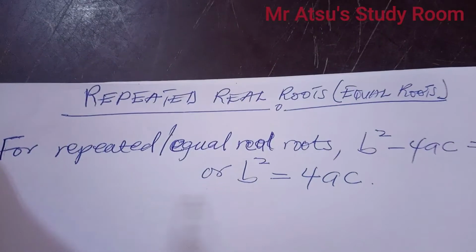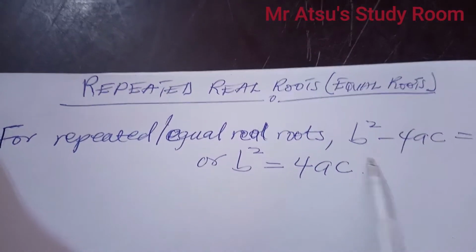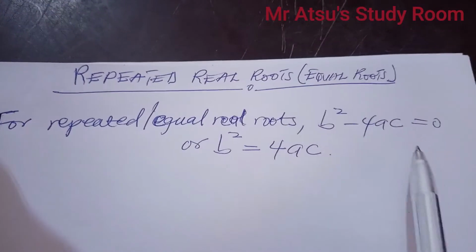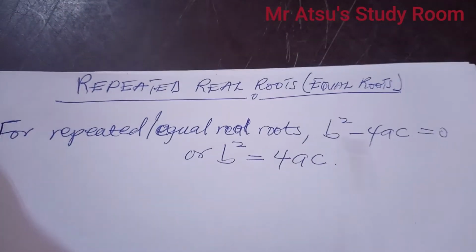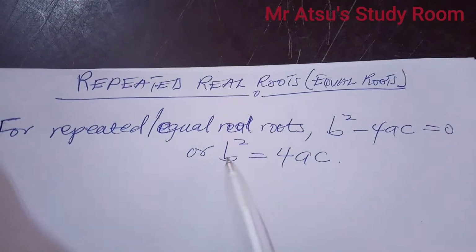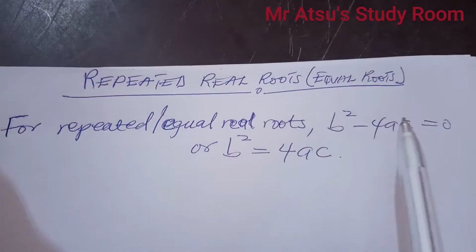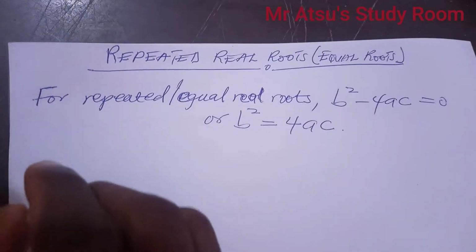Alright, so for repeated or equal real roots, b squared minus 4ac, which is the same as the discriminant, will be equal to 0. Or, in other words, we move this one to the right hand side, so b squared will be equal to 4ac.